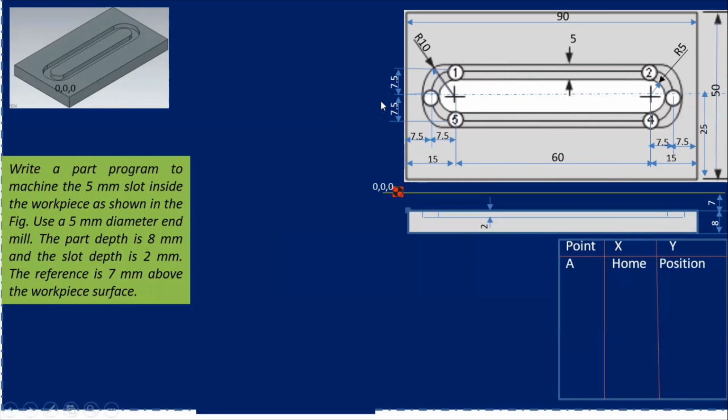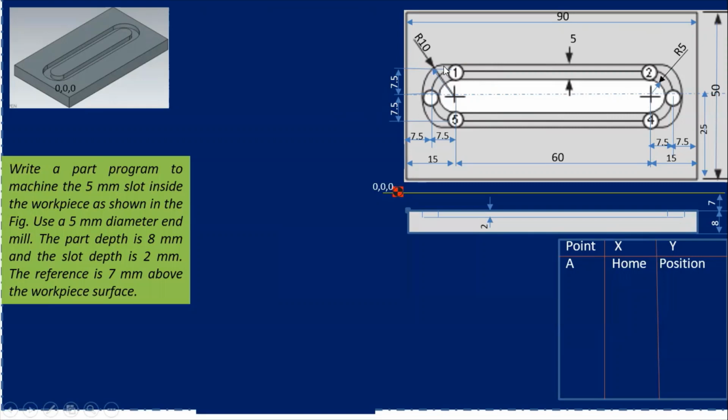One more thing we found is this distance, 7.5 and 7.5. Students, how are we getting it? It is clear that from this position to the upper part the distance is 10.